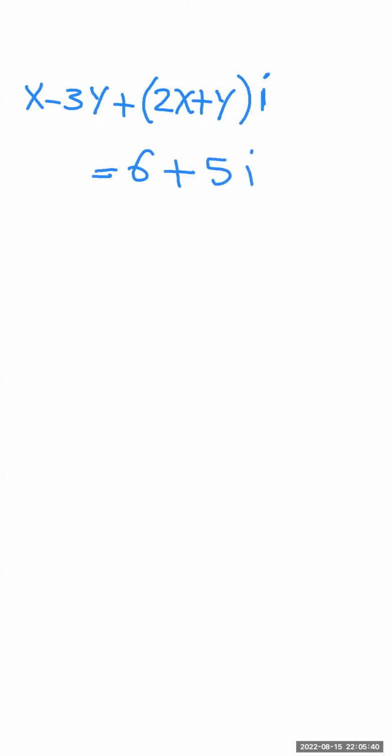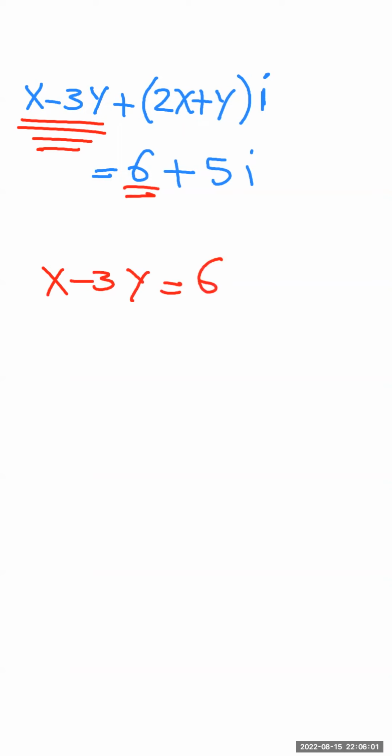Okay, I think this one is very easy, very clear. The real part, of course, the real part here is x minus 3y. Correct, guys? So x minus 3y equals the real part, which is 6.